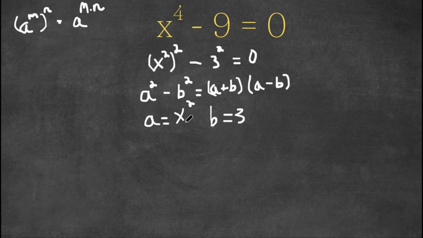So now all we have to do is plug a and b into our expression here, a plus b times a minus b. So a is x squared, so we have x squared plus b, which is 3, times x squared minus 3.